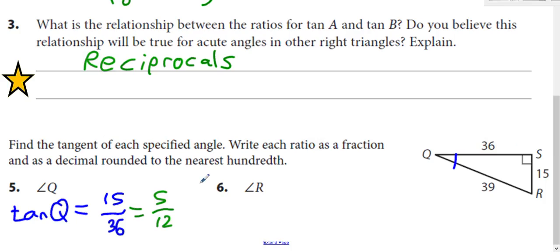So 5/12 for this ratio. You can get that as a decimal, rounded to the nearest hundredth, it's 0.42.